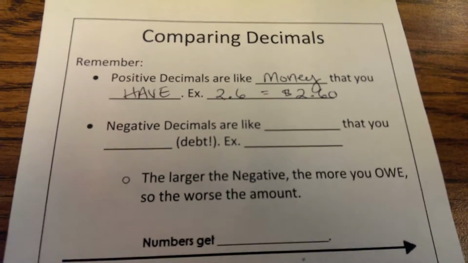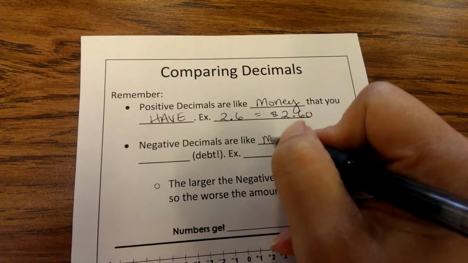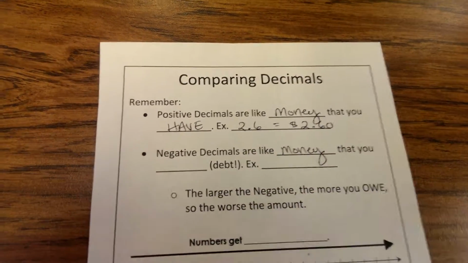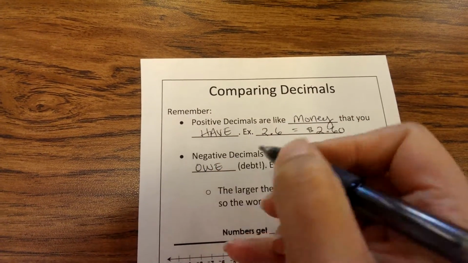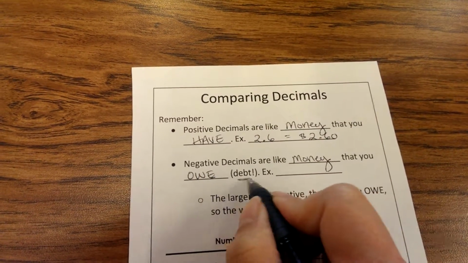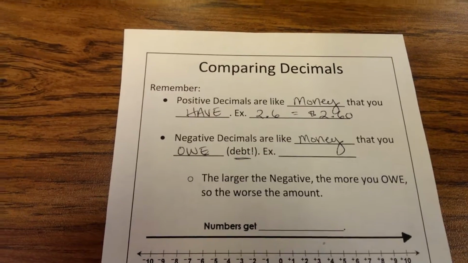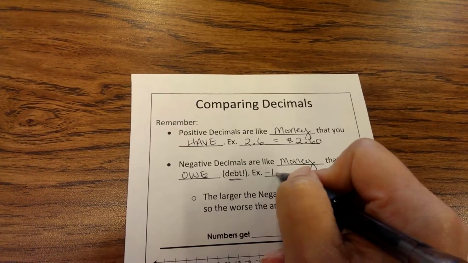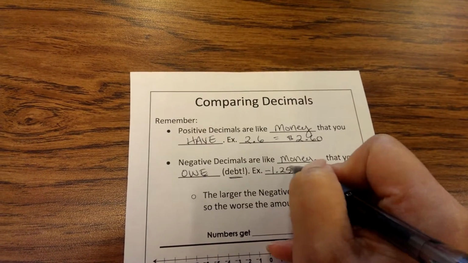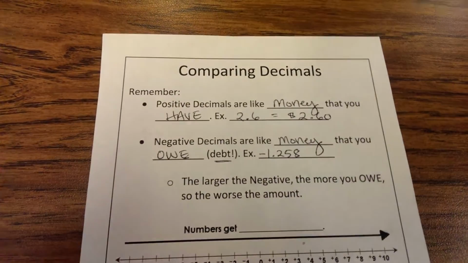Negative decimals are like money that you owe. So when you owe money, we're talking about debt. Debt means you owe money. It's the money that you owe. An example of that, let's say we had negative 1 258 thousandths.